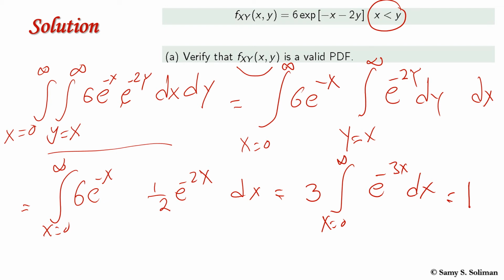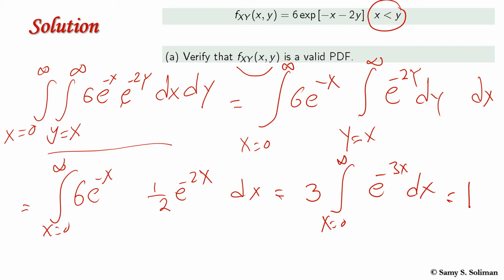So again, to verify the validity of a PDF, we have to calculate the area under the curve, and again, the area under the curve here is a two-dimensional integral that needs to be calculated for x and y, and make sure that this integral is equal to 1.